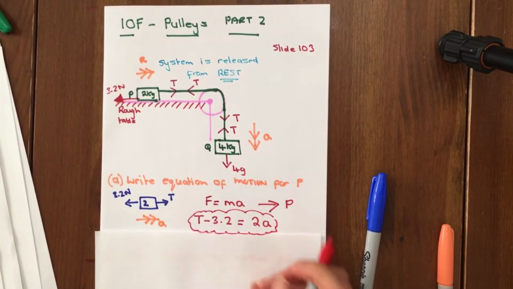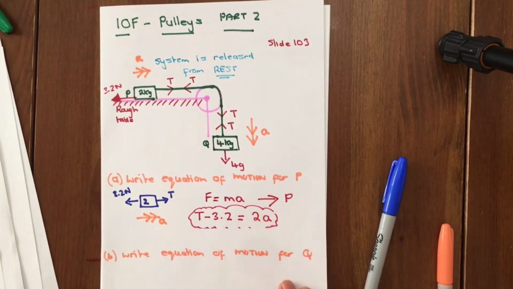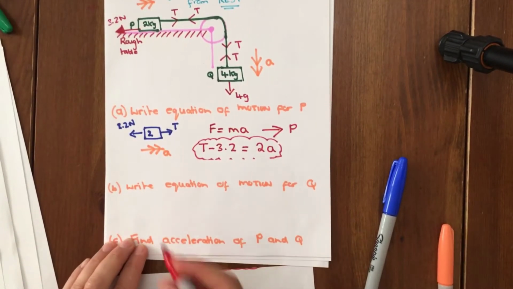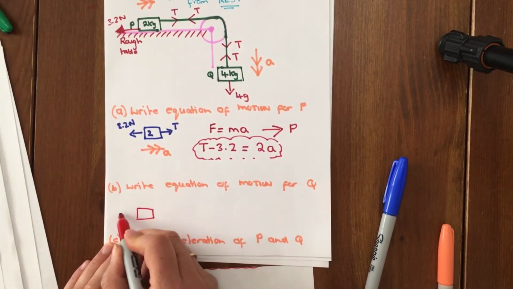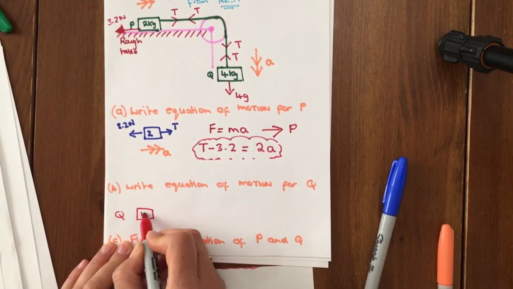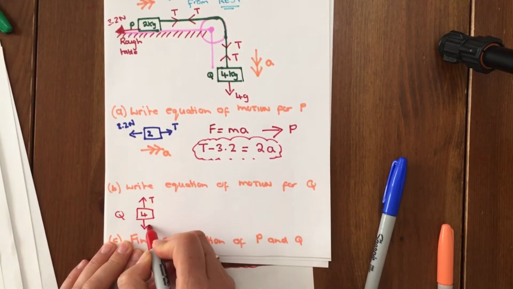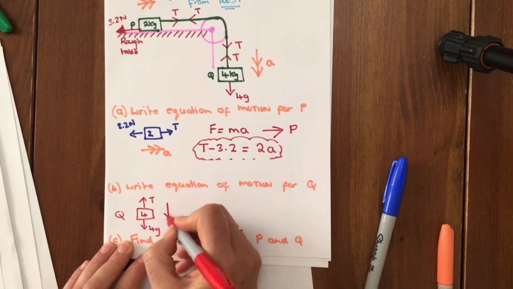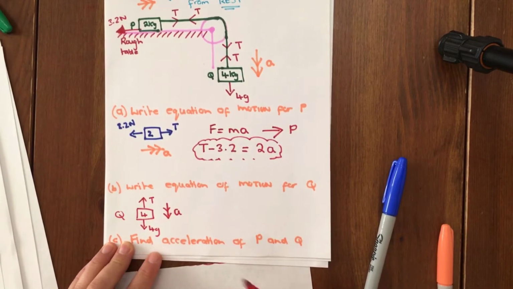Next it says write the equation of motion for Q. If we look at Q, I'll just draw my diagram. We've got 4 kilograms, we've got our tension going upwards, and our weight, 4g, going downwards, and we're going to resolve vertically in the direction of motion.